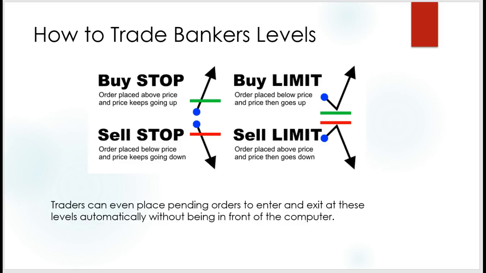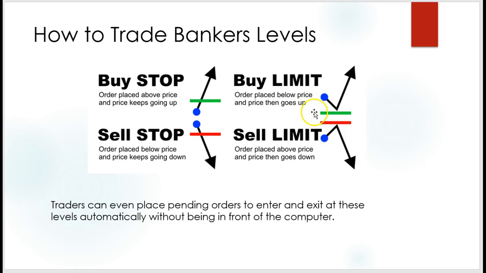Traders can even place pending orders to enter and exit these levels automatically without being in front of the computer. Just merely identify those areas and place either a buy stop to enter above market or a sell stop to enter below market at a significant level of support or resistance.